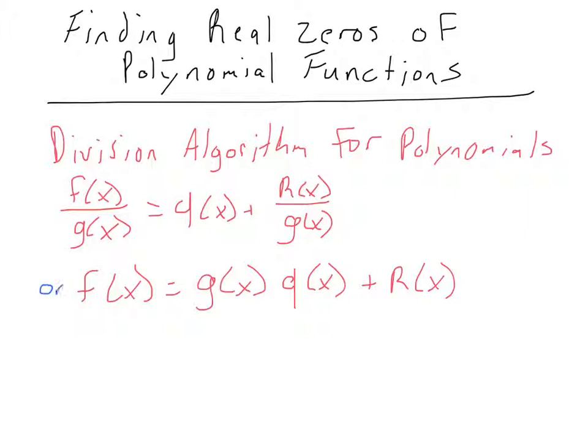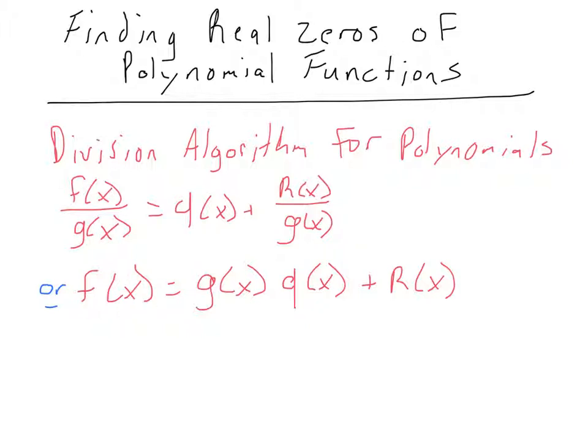Both of these two statements are true. Later on it's going to be helpful to write the polynomial in this form. And of course, if there is no remainder, then the polynomial is just equal to the divisor times the quotient.